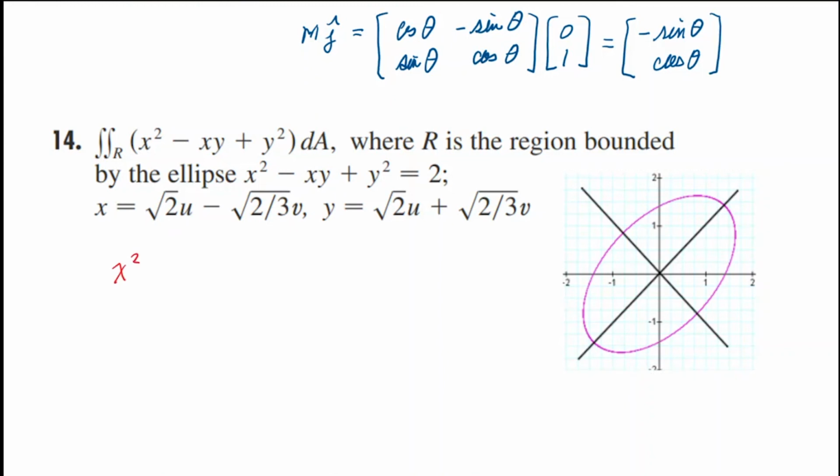X squared minus xy plus y squared is equal to your x, which is this.